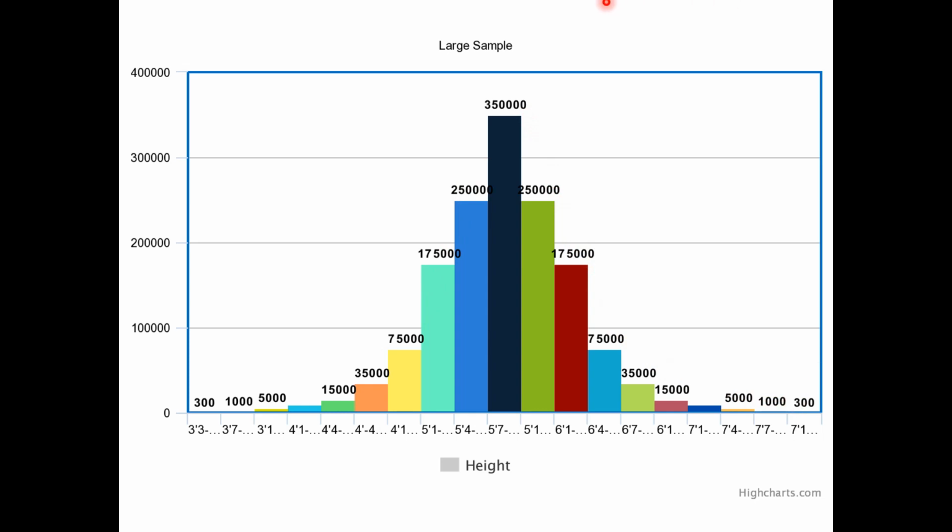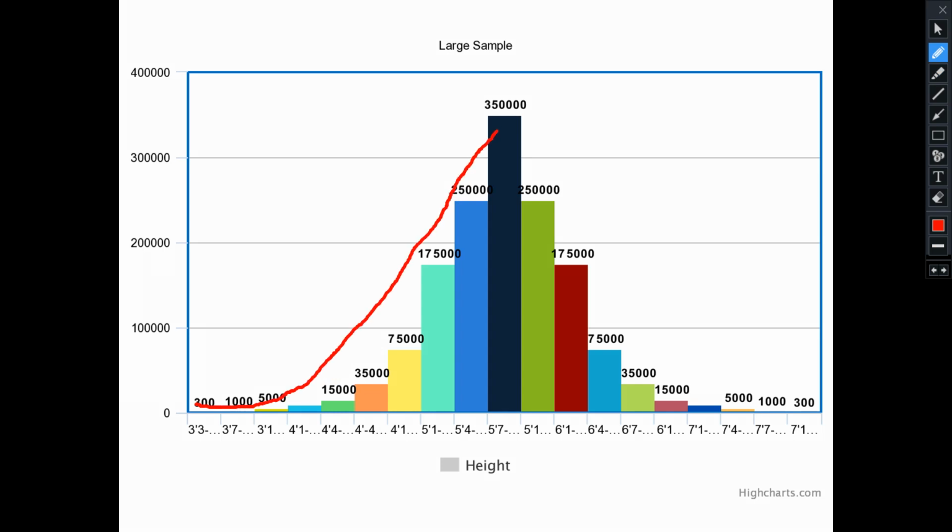And if we were to draw a smoothing curve, which may look like this, so I'll take a pen. So if we were to draw a curve, the curve would look like this. I may not have been very accurate. Actually, the peak should have been a little bit up, but it doesn't make any difference. So it should look like this.